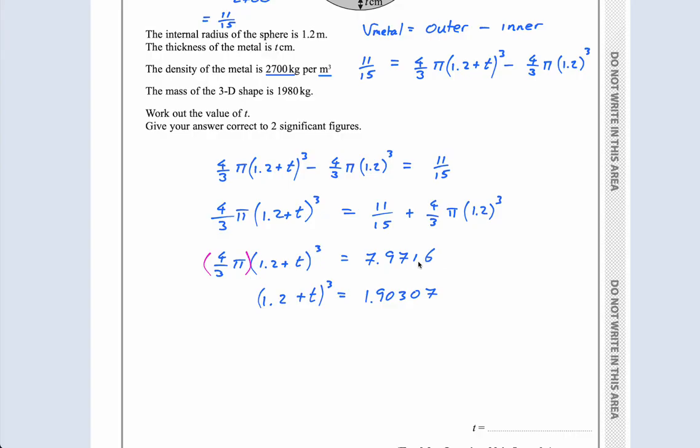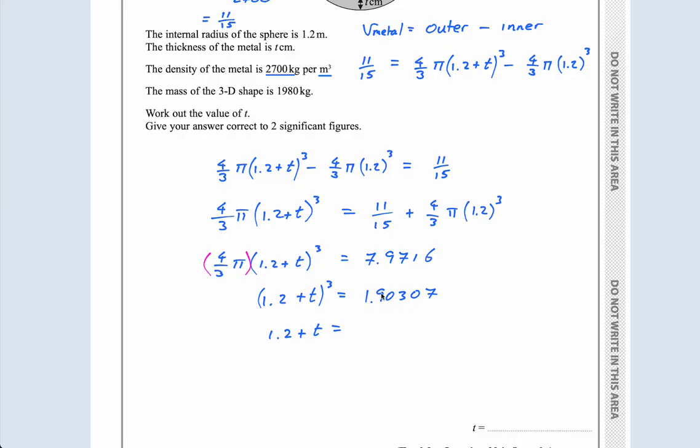Then I need to, again, I'm trying to make t the subject, so I need to get the cube root. I need to remove this cube first. Do not subtract the 1.2 yet, because that's in the bracket. That is also cubed. So it is 1.2 plus t is equal to the cubed root of this.